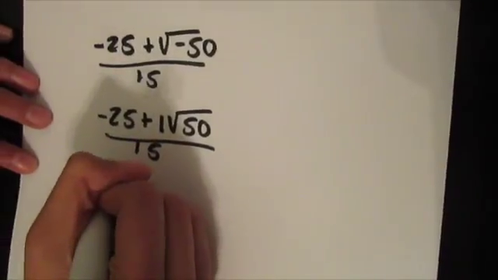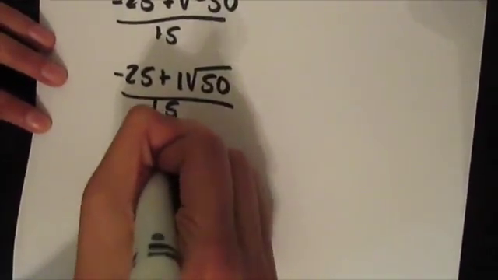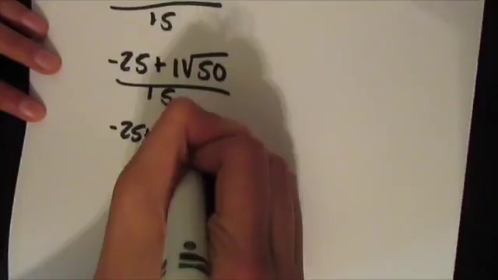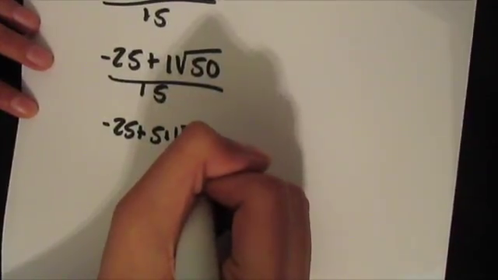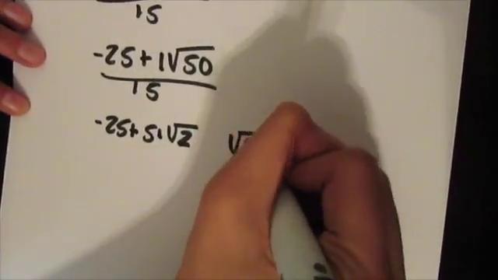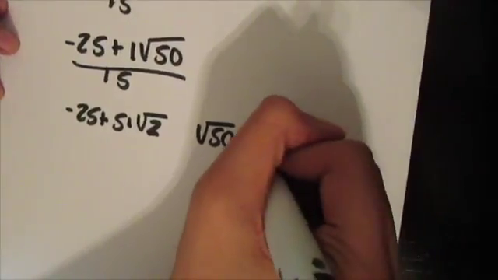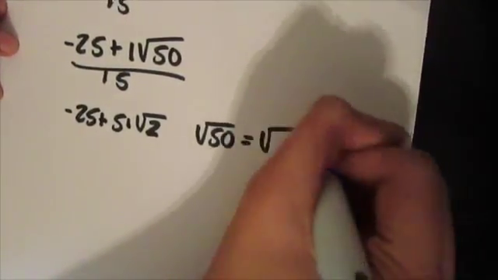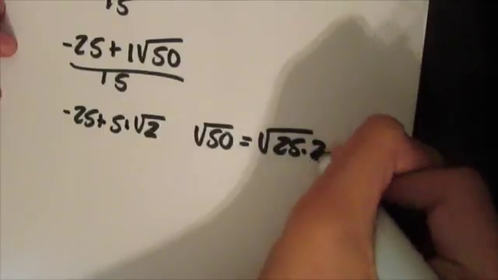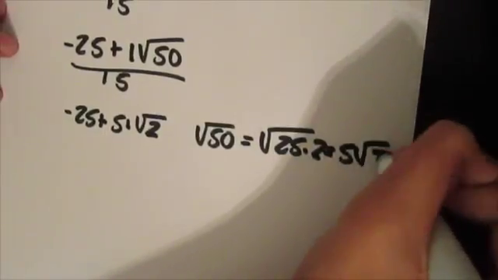Then we will have negative 25 plus 5i times radical of 2, because radical of 50 we can simplify into radical of 25 times 2, which is also equal to 5 radical 2.